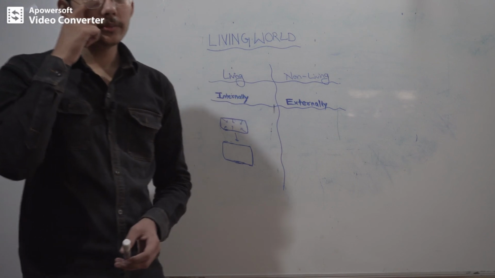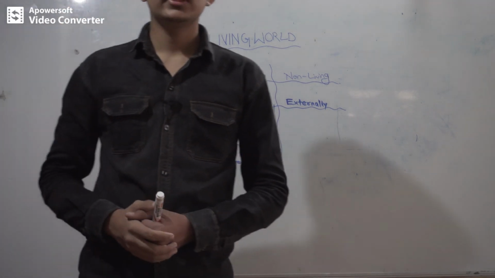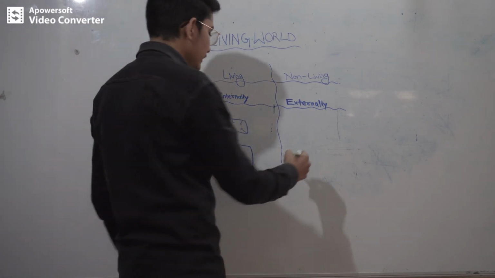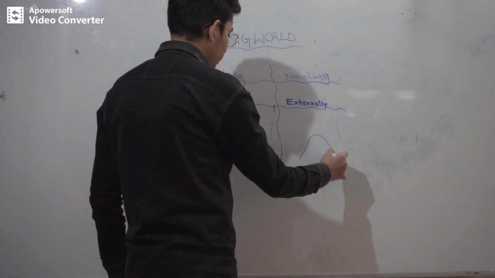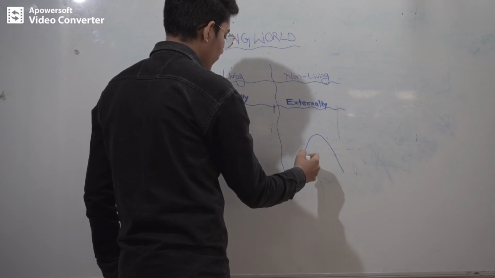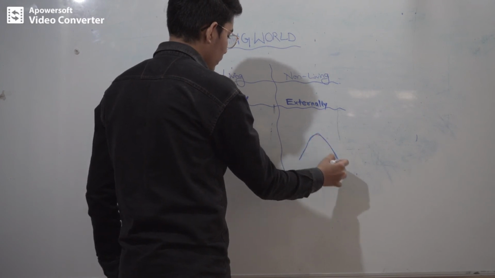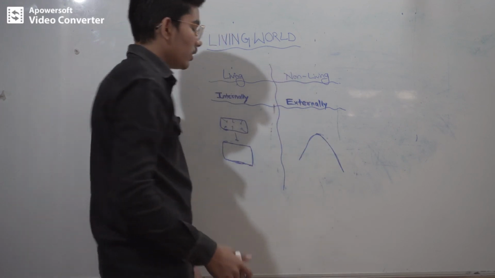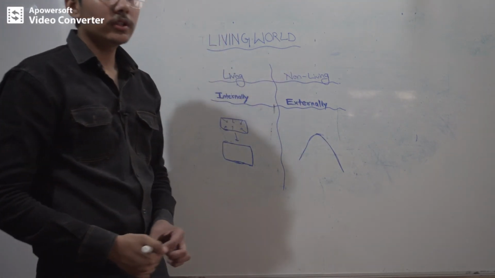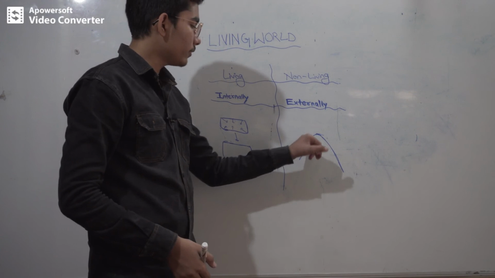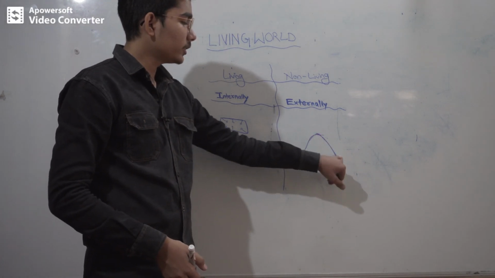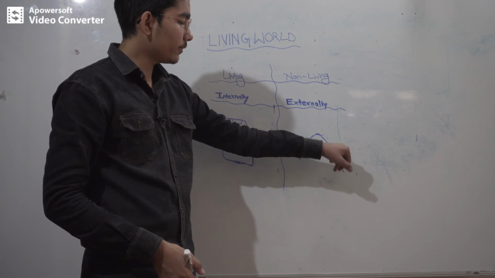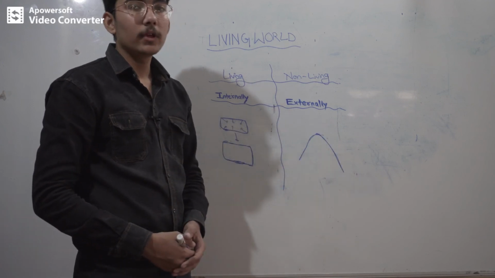Now if we talk about non-living things, how is it going to happen? Let's say this is a mountain. As you all know, on the surface of a mountain there are thousands of trees present.